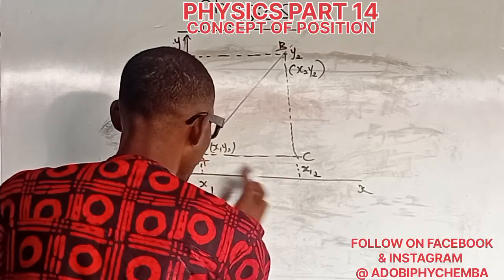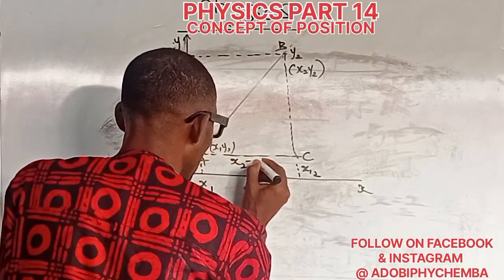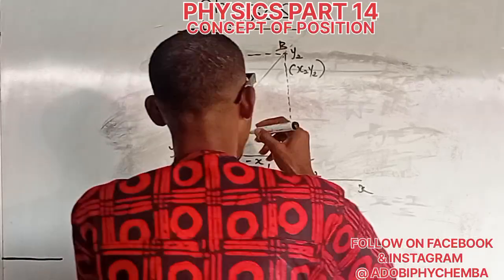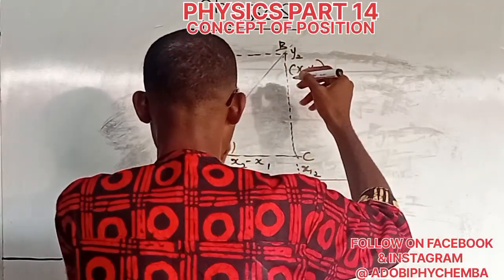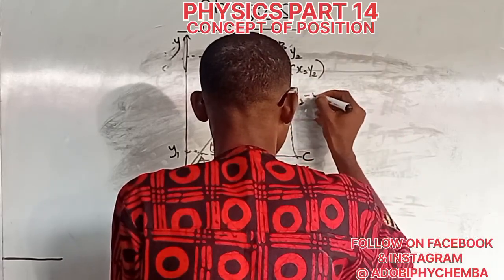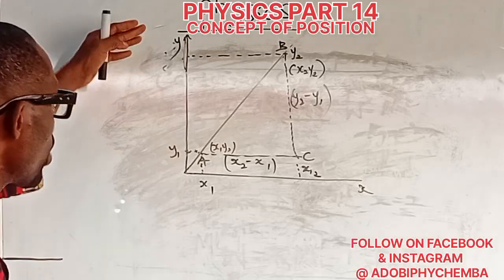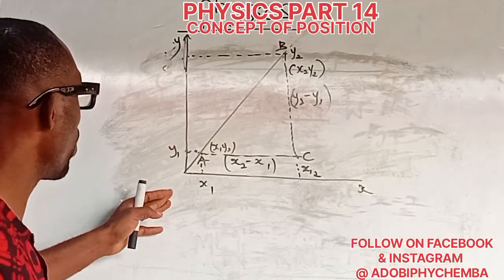So in this case, to get the value here, it will be x2 minus x1, and from here, it will be y2 minus y1. Let's say they ask you to calculate the distance.